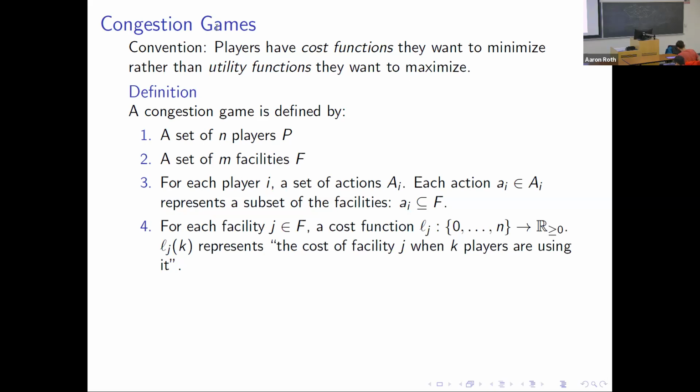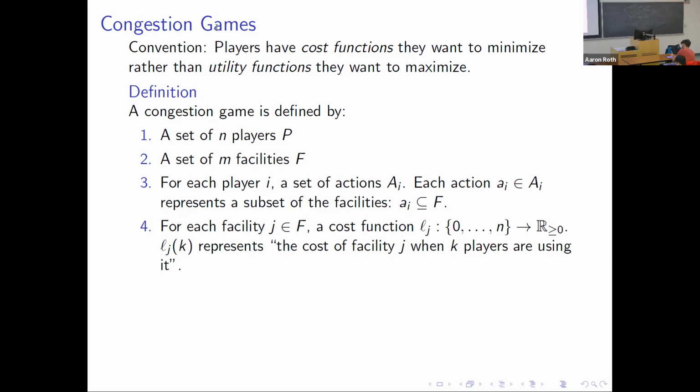And for each of the facilities, we identify some cost function. For facility j, I'll write that as L_j. This function maps an integer between 0 and n, n being the number of players in the game, to a real number. You should think of L_j of k as the cost of facility j when k players are using it.